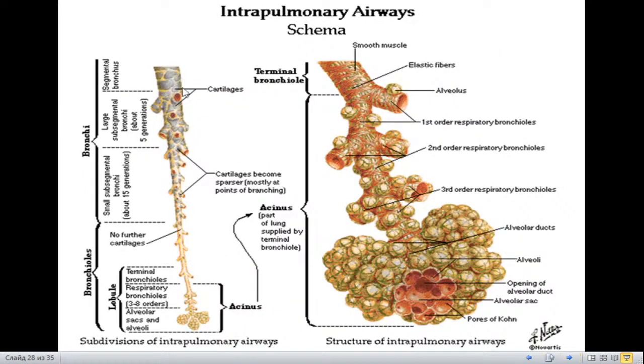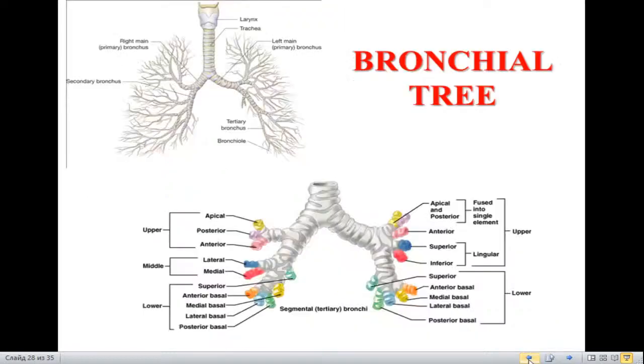So then bronchi start to divide a few times. Bronchi of first order, in this picture, are the main bronchi.